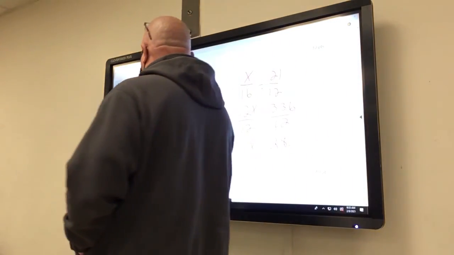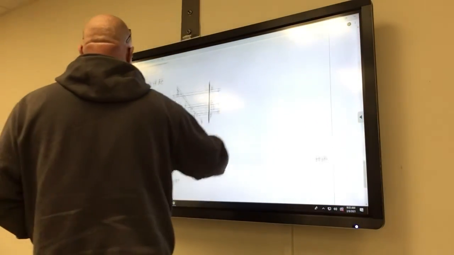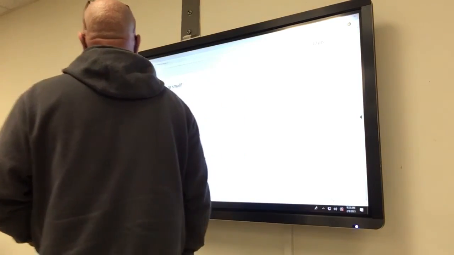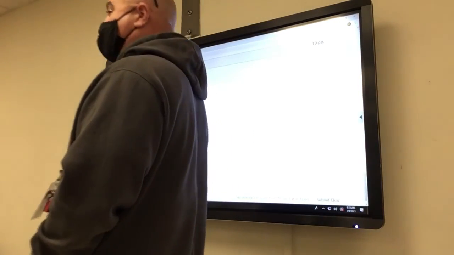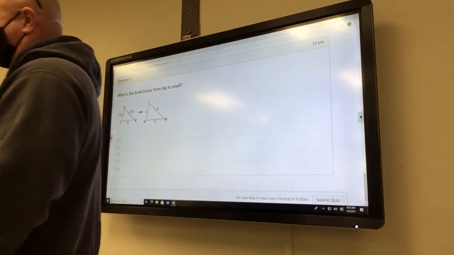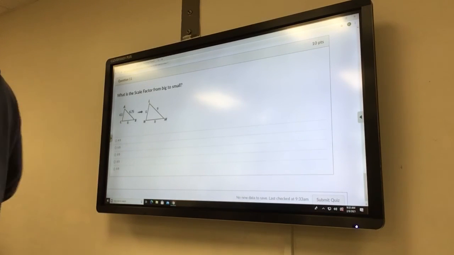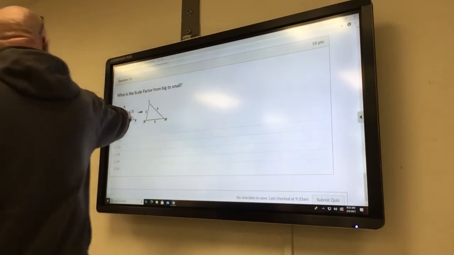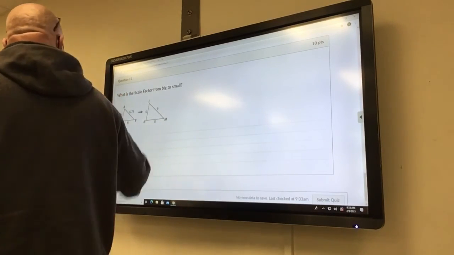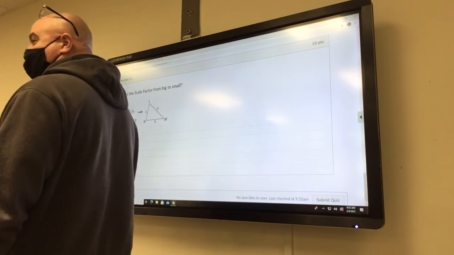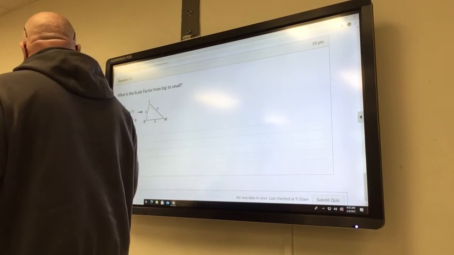All right, got one more left. What is the scale factor from big to small? So all we're gonna write is a ratio and reduce that ratio, right? I don't wanna deal with decimals though. So I'm gonna go from 8 to 6. Big to small, right?